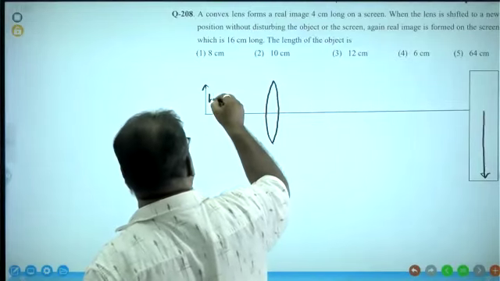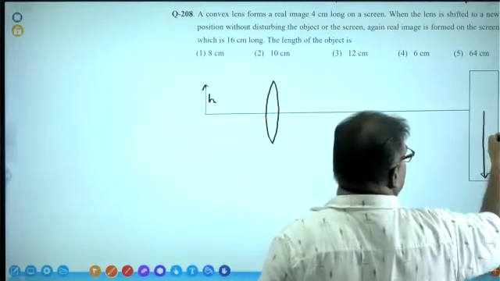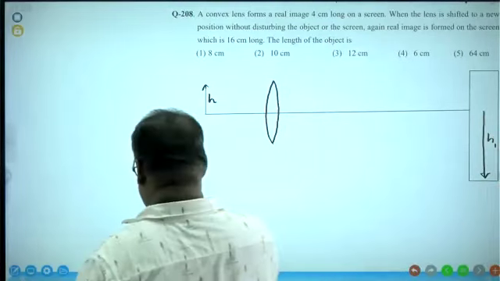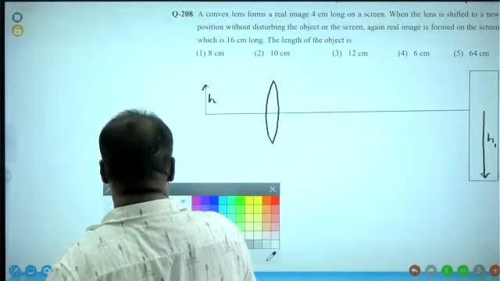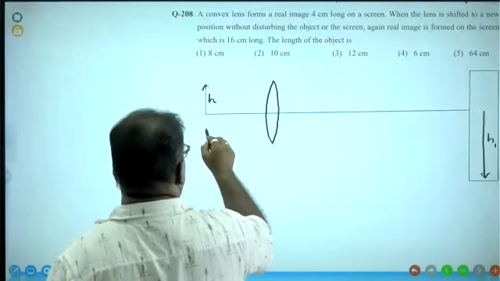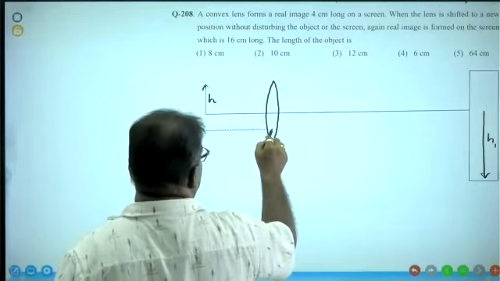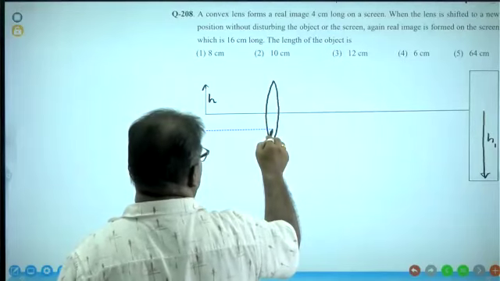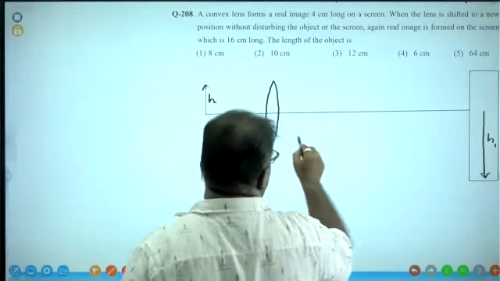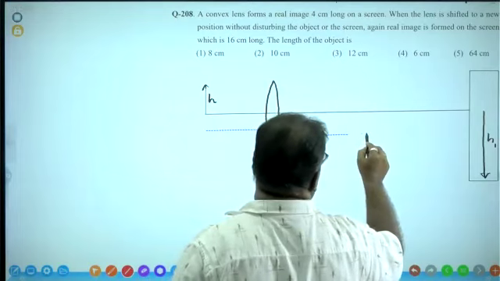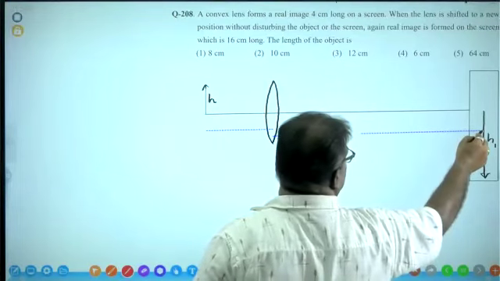If this is H, let this one be H1. With respect to the figure, you can say this one is the object distance. This one is the image distance.